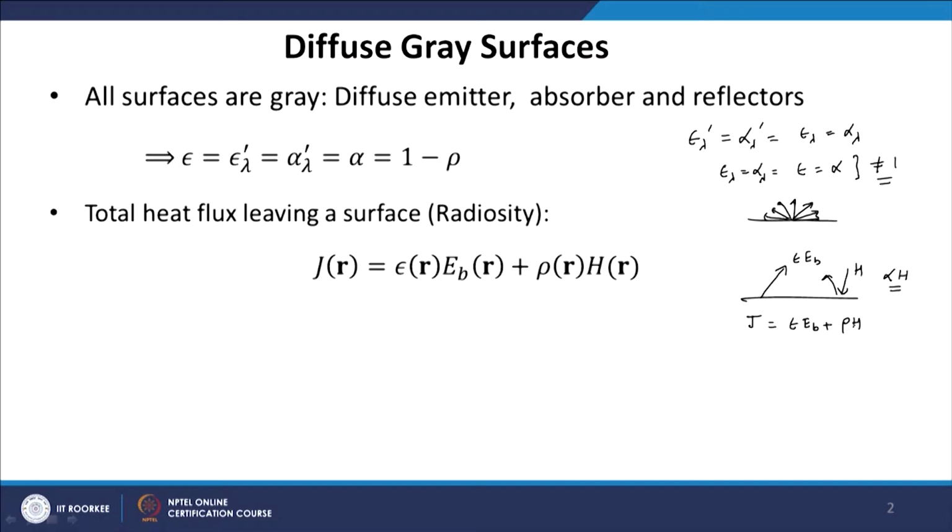So, the total amount of energy leaving the surface is defined as the radiosity. It contains a contribution from emission and a contribution from reflection. Okay. So, the first quantity definitely depends on the temperature of the surface.